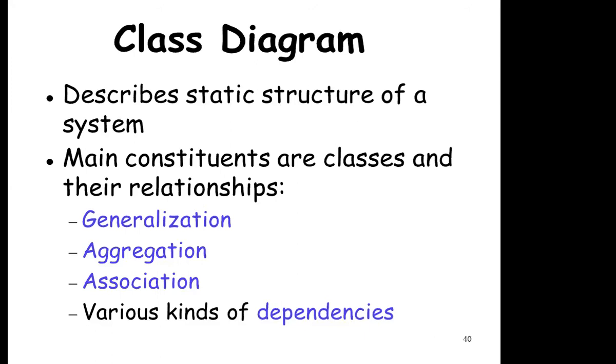Through this we can have different types of relationships in a class: generalization, aggregation, association, and dependencies. This I have already discussed earlier, so I will not repeat it here. Next.